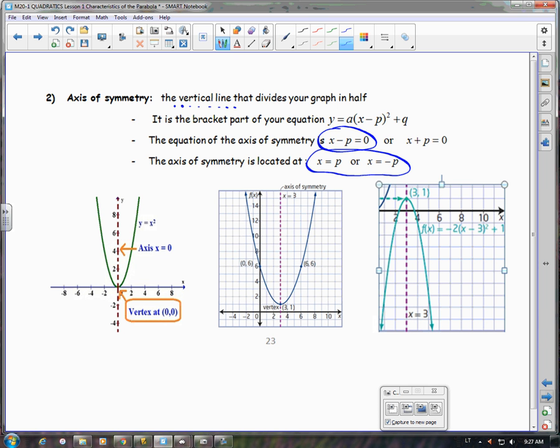So in this example, there's no equation given. The vertex is at (3, 1), which means that our equation would have (x minus 3) squared. So our axis of symmetry is where x is equal to 3. That's the vertical line.